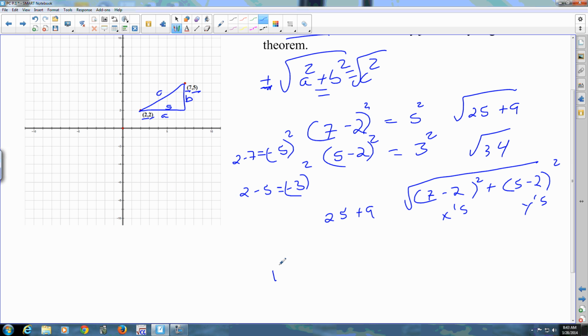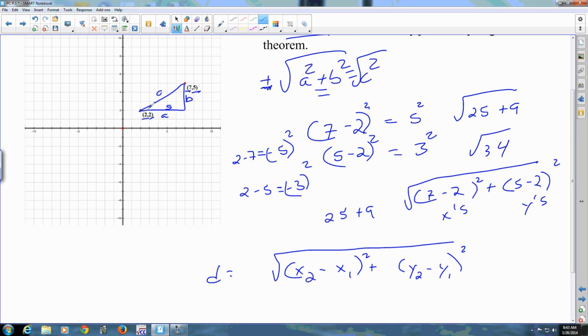So the formal definition of the distance formula, oops, let's get this out of there. That looks like junk. Stop trying to save it. Just redo it. It's the square root of the difference in your x's squared plus the difference in your y's squared. That would be the distance formula.